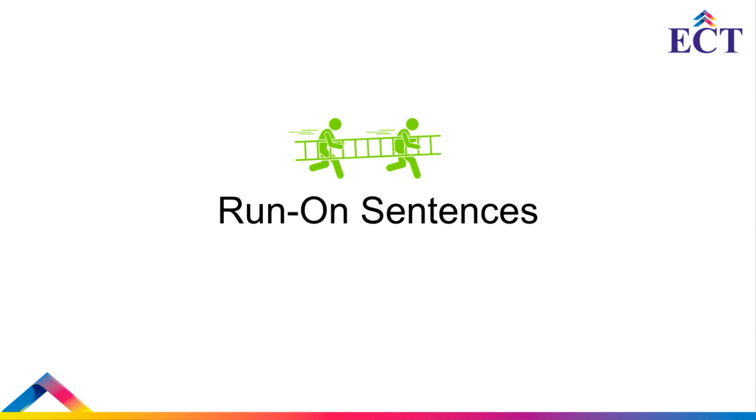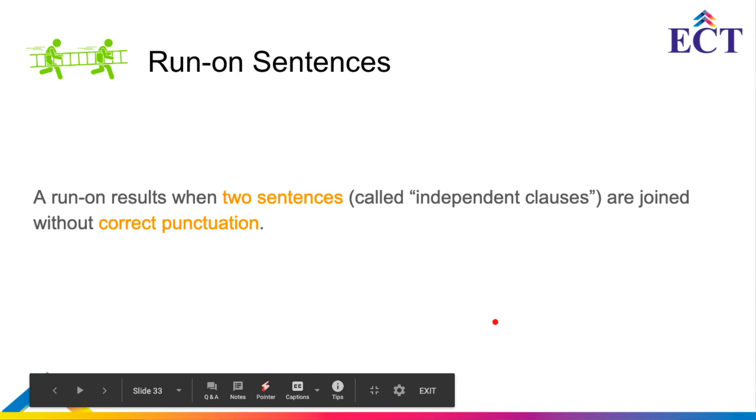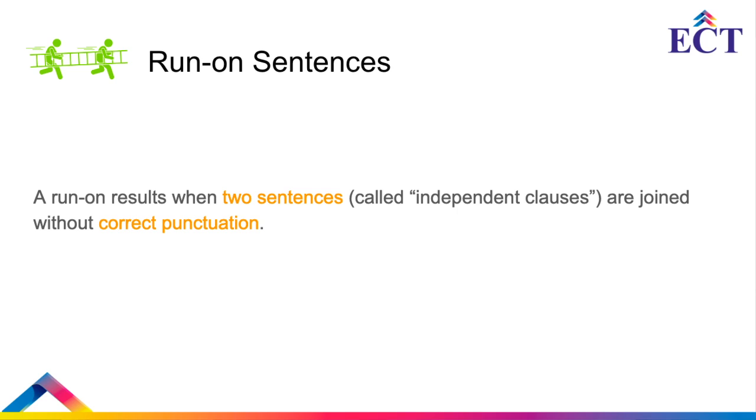Okay, now let's see run-on sentences, which are completely opposite of fragments. You keep asking questions, and I will answer whenever I see your chat. A run-on results when two sentences, called independent clauses, are joined without punctuation.